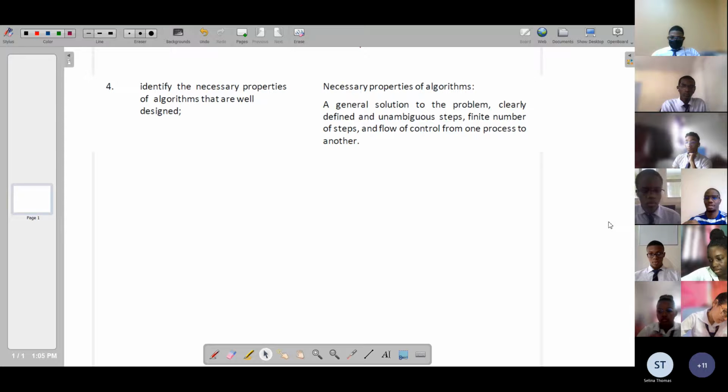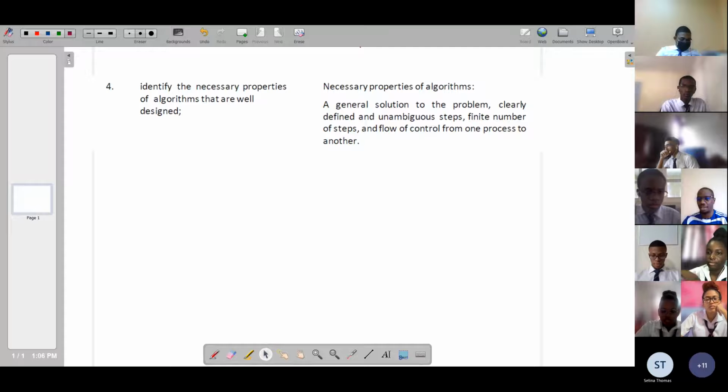This is straight from the syllabus. When we look to solve a problem, we've already established that we can utilize algorithms to solve problems. In terms of our problem solving, we want to be able to define what an algorithm is.